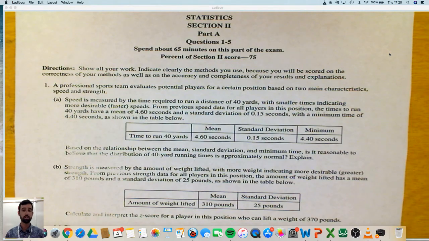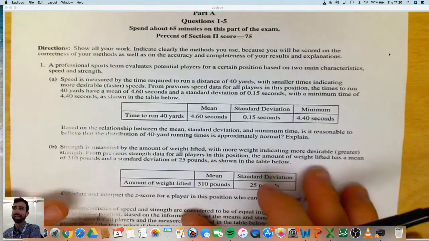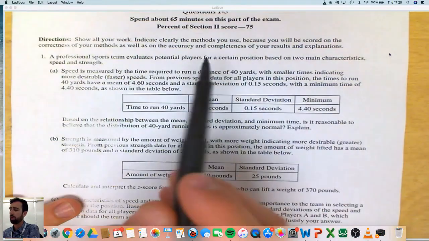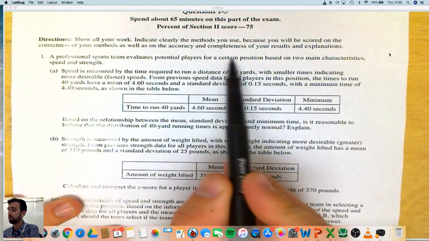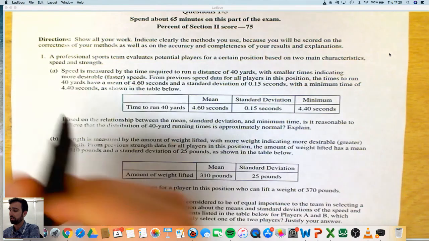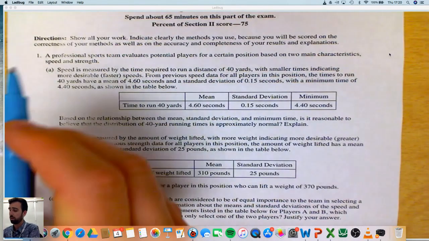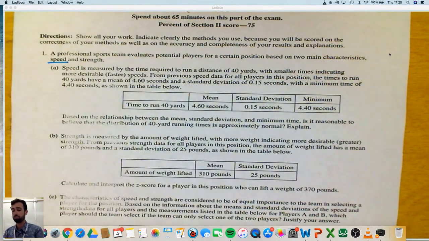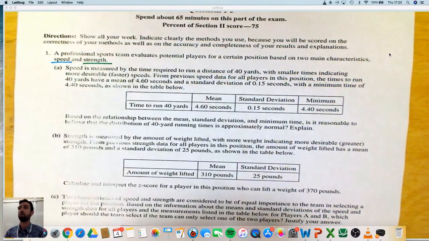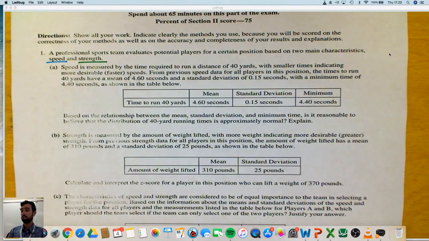This is the 2011 AP Stat problem, and this is problem number 1. Let's take a look. It says a professional sports team evaluates potential players for certain positions based on 2 main characteristics: speed and strength. So we're looking at how fast are they and how strong are they? Speed is measured by the time required to run a distance of 40 yards, with the smaller times indicating more desirable or faster speeds.